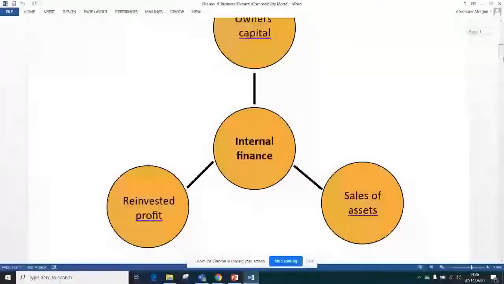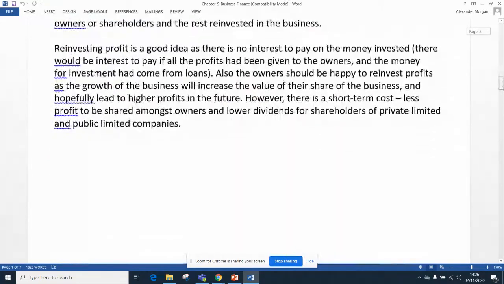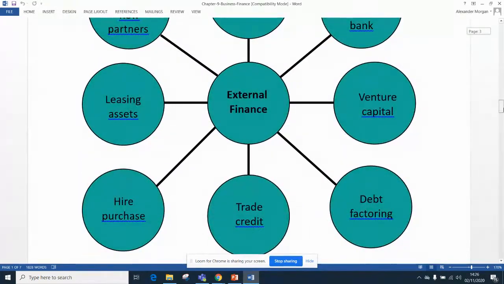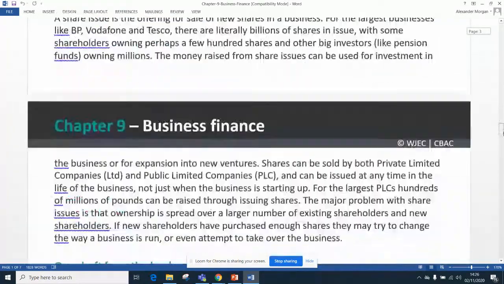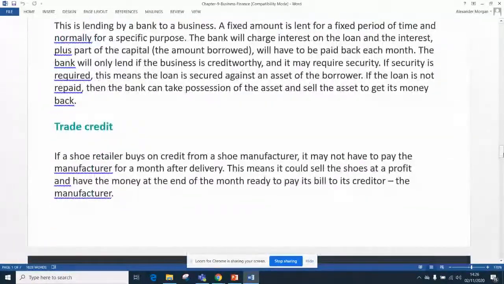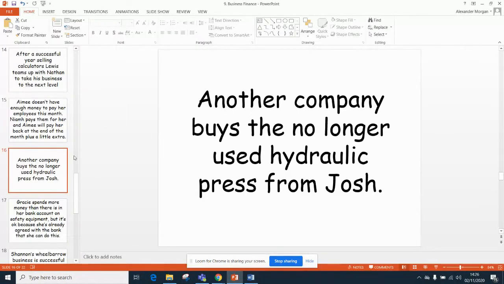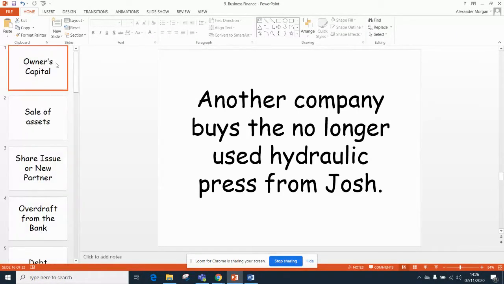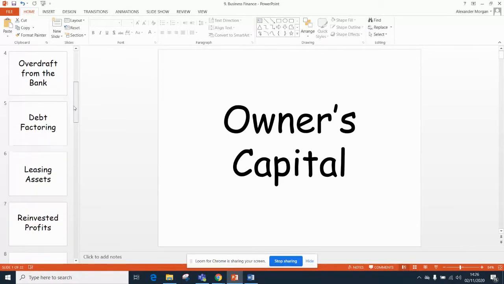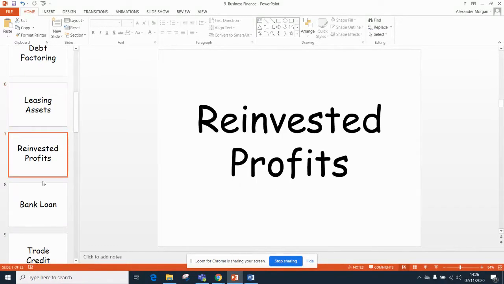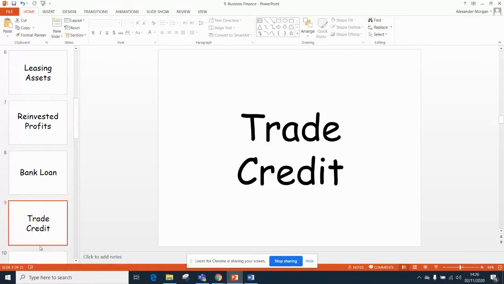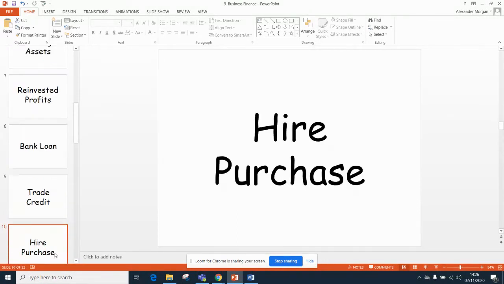So it talks about lots of different types of finance, different ways that businesses can get money. And then the next task is going to be checking your understanding of that. So I have made a PowerPoint, and on this PowerPoint I've got 11 different slides just mentioning a different way of business getting money.